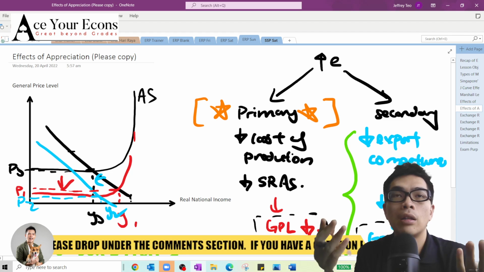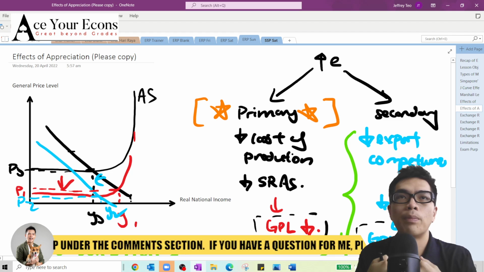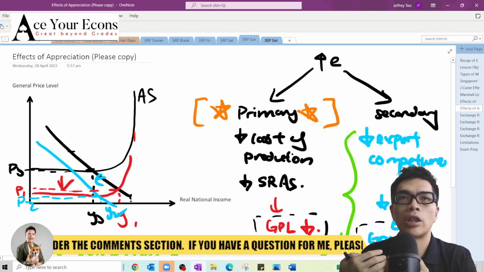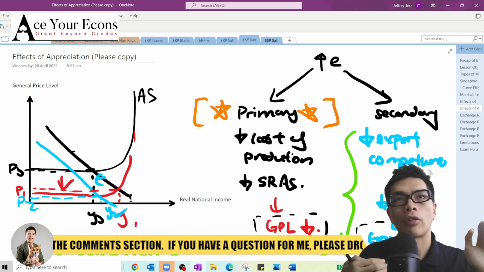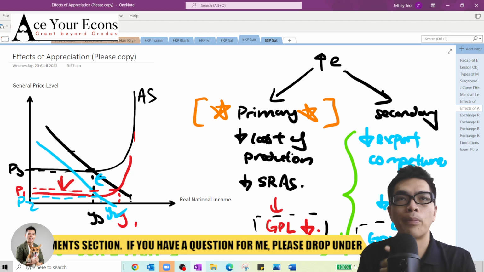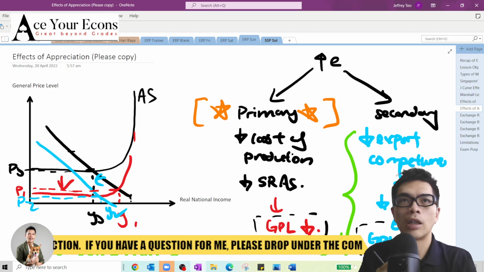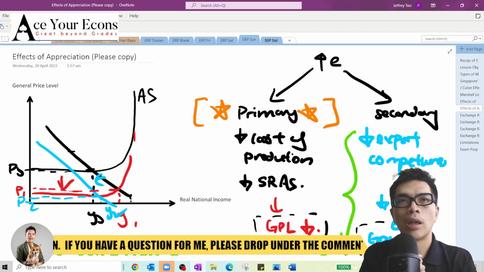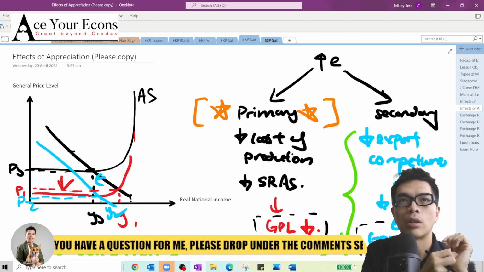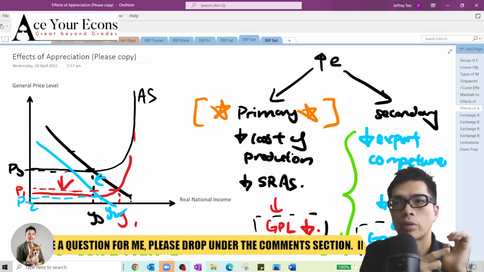China is the manufacturer of the world. A lot of imports, especially raw materials, cannot flow out from China, and this will drive up production costs or imported production costs significantly. Therefore the Singapore dollar has appreciated sharply versus the Chinese yuan in order to moderate or address imported cost-push inflation.